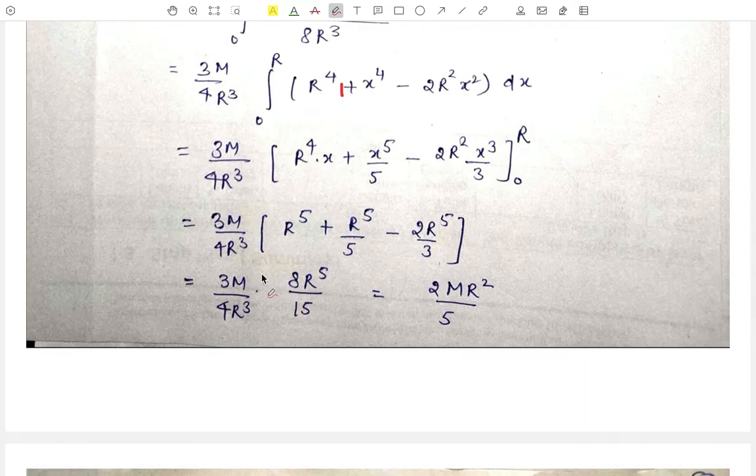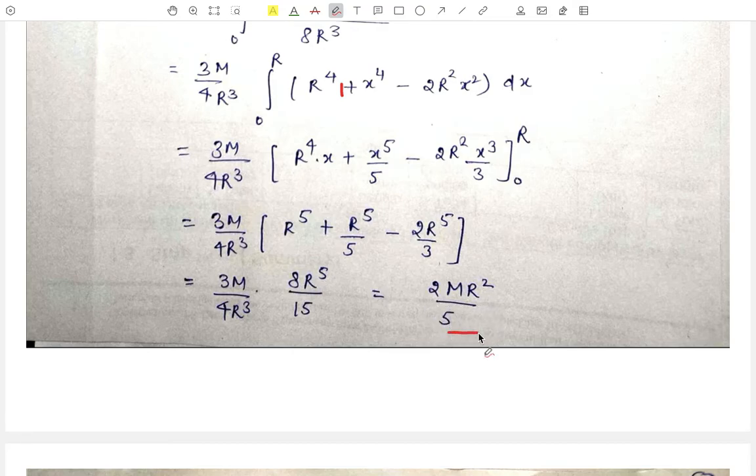Therefore we get 3m upon 4r cube into r raised to power 5 plus r raised to power 5 upon 5 minus 2r raised to power 5 upon 3. Upon simplification, it comes out to be equal to 8r raised to power 5 upon 15, and that upon calculation becomes 2 upon 5 mr square.